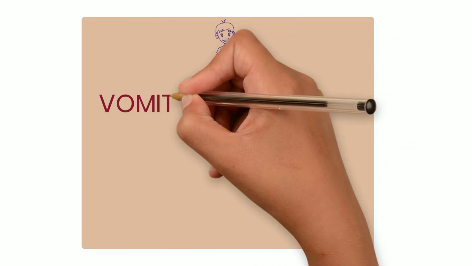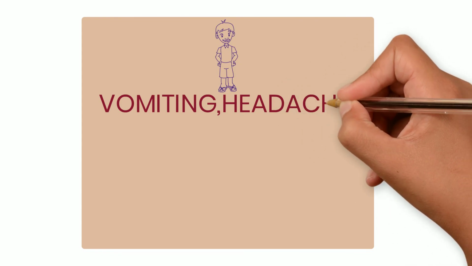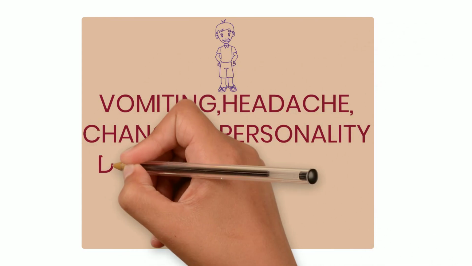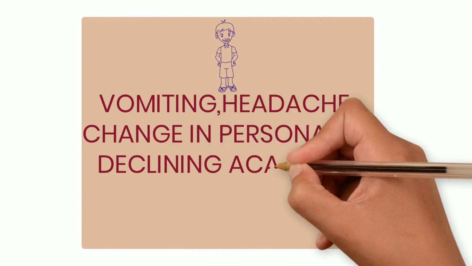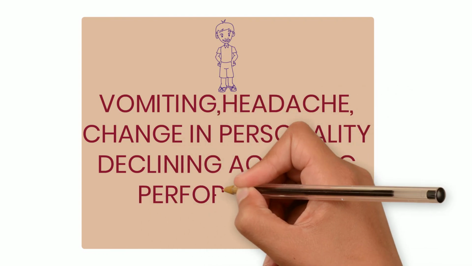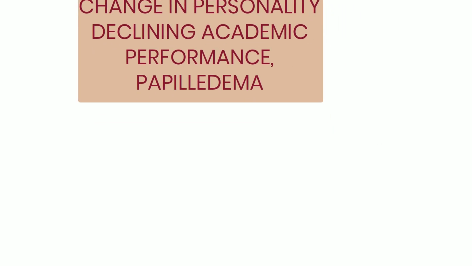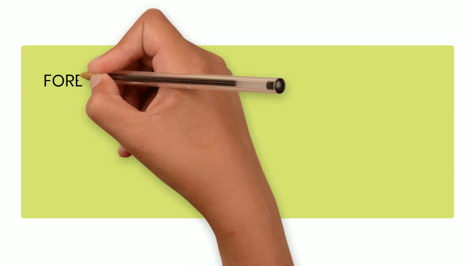Whereas in the case of older infants where the AF is closed, and in children, symptoms are vomiting, headache, change in personality, declining academic performance, and papilledema may be there. What are some other signs?